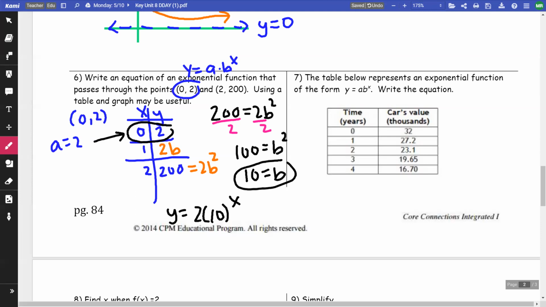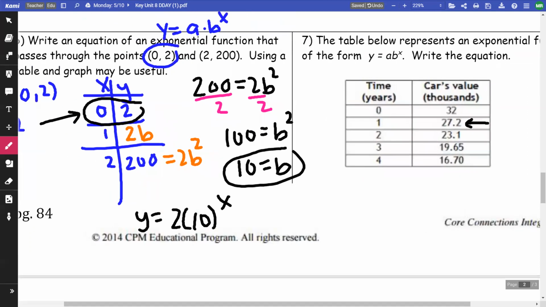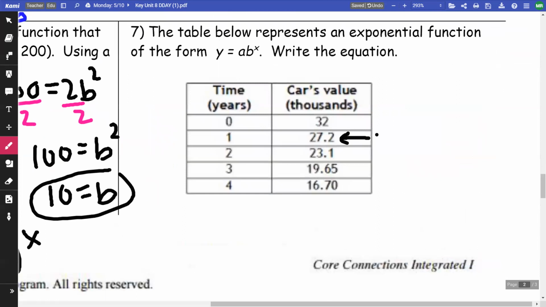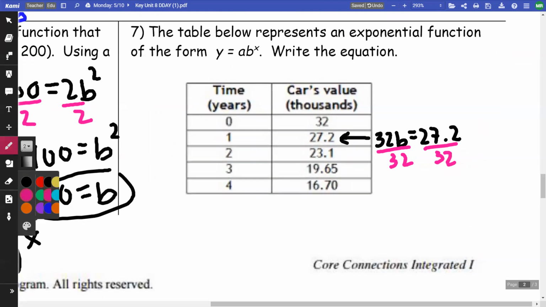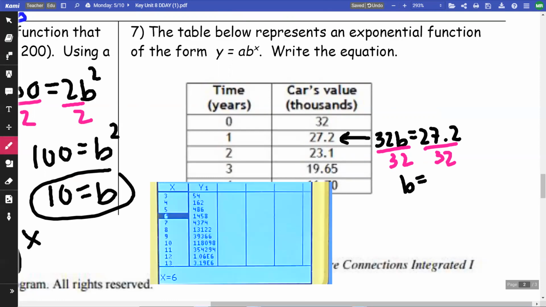So number 7, okay, this one's not as pretty. We got some not so nice numbers, but we are multiplying by b. So this one right here, let me zoom in, is going to be 32b is equal to 27.2. So I am going to divide by 32, and we get b is equal to, and I'm just going to put it in my calculator.